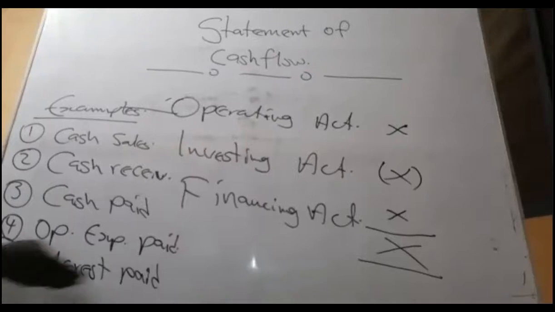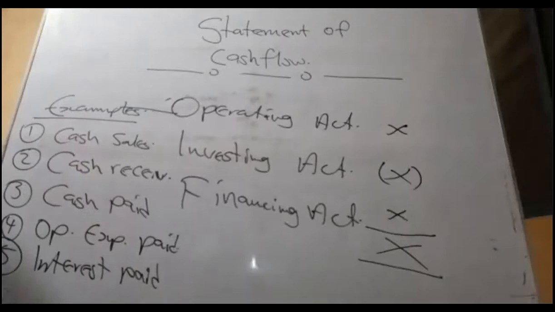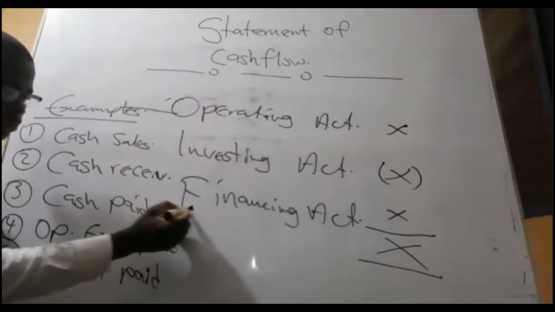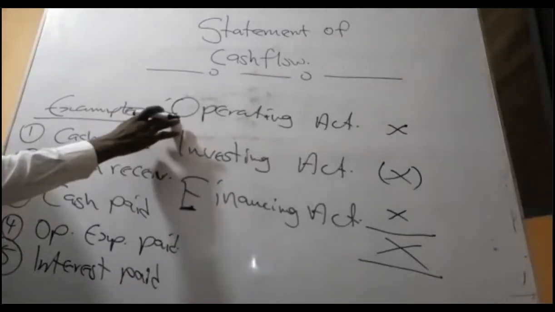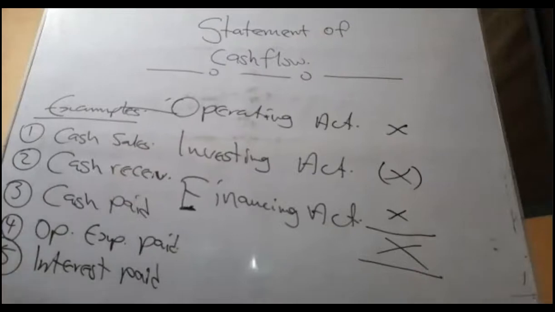Paying of interest is part of your core activity, so it must be part of your operating activities. However, if paying of interest is not part of your core trading or core activity, and you only pay interest when you go for a finance facility or loans elsewhere, then that one will be financing activity. So interest paid can be classified under operating activity or financing depending on the nature of your business.